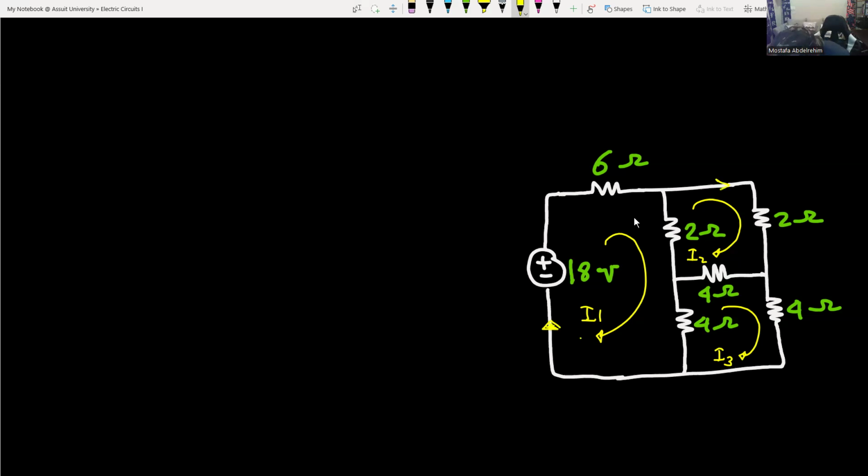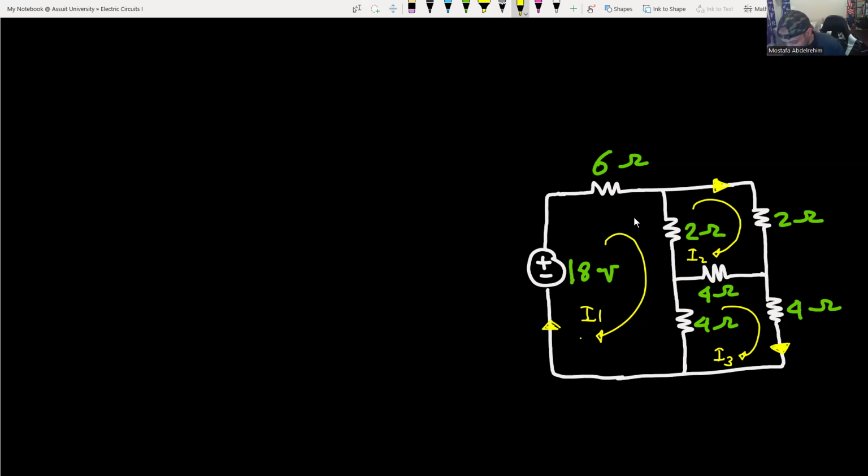The second mesh contains the 2 ohm resistance, which is the branch that I2 is flowing in. And the branch that contains the 4 ohm resistance is the one in which I3 is flowing. This is its actual branch.